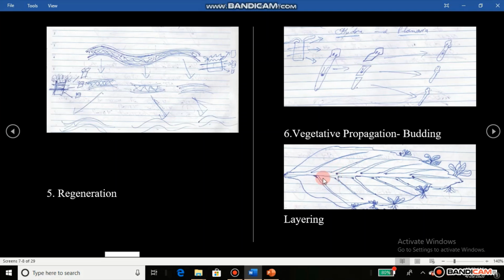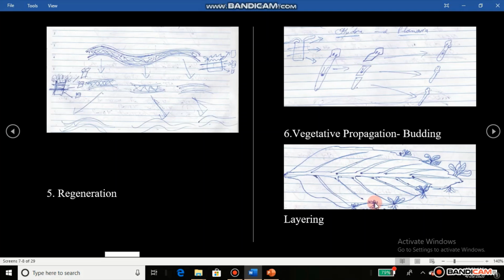Bryophyllum leaf looks like this. There are cuts. In the bryophyllum leaf there is the capacity to form a small bryophyllum plant of the same type on its edges, over its cuts, only over its cuts.